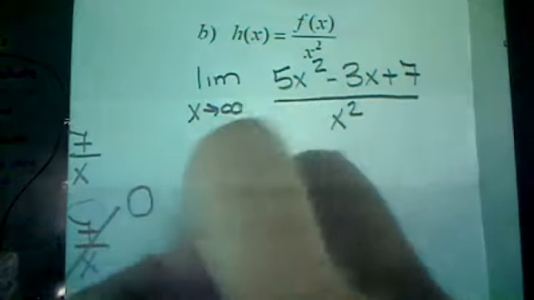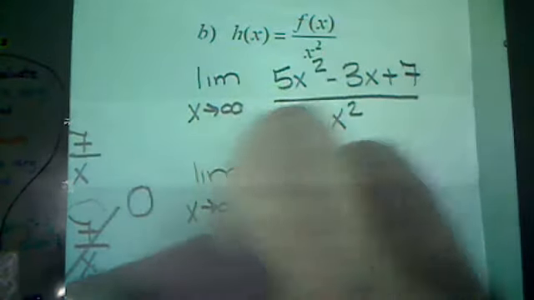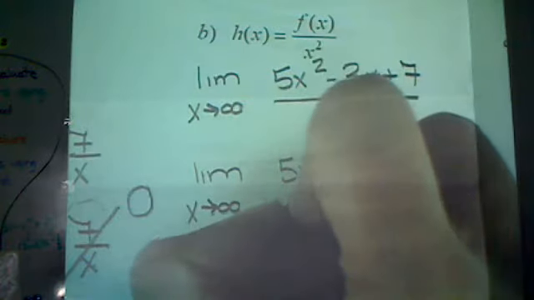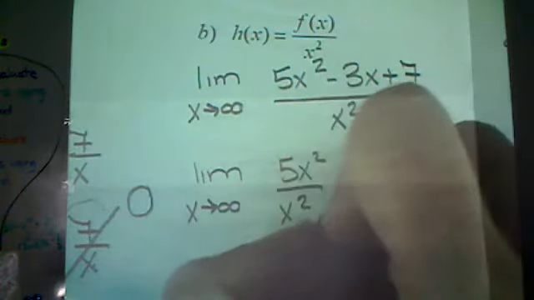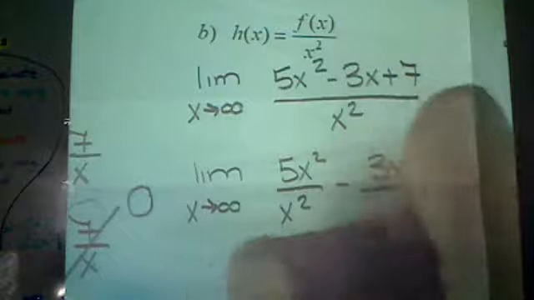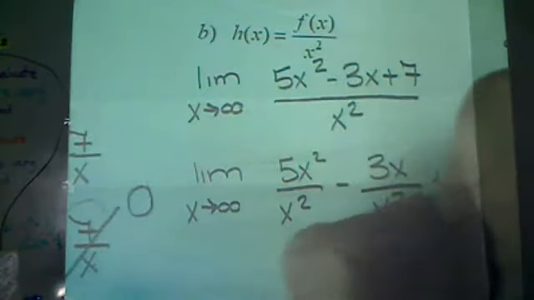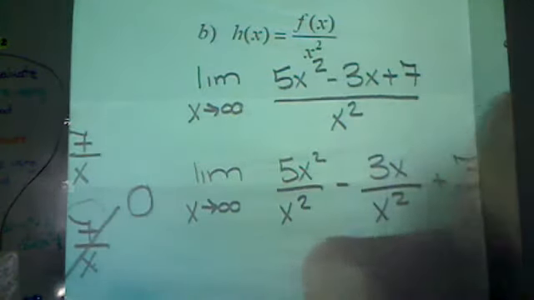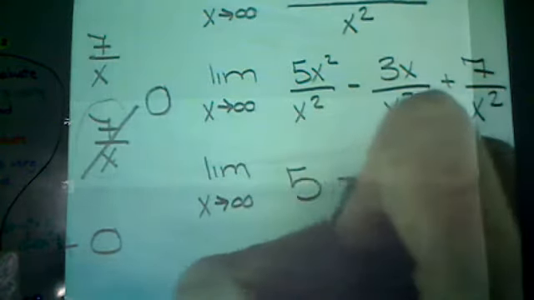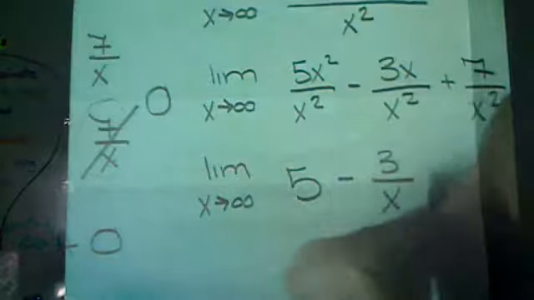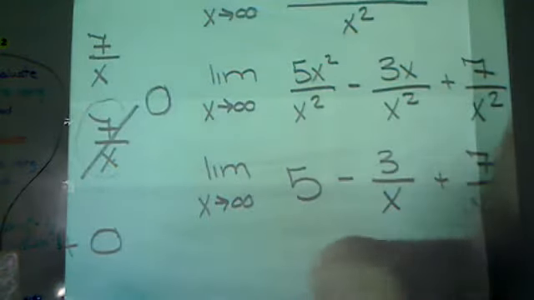So the limit as x approaches infinity of 5x squared over x squared minus 3x over x squared plus 7 over x squared. Simplify it down. So the limit as x approaches infinity of 5 minus 3 over x plus 7 over x squared.